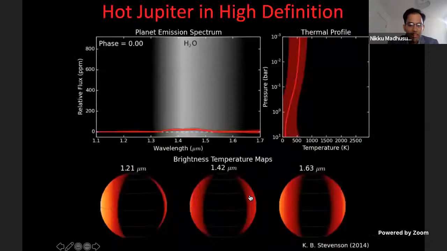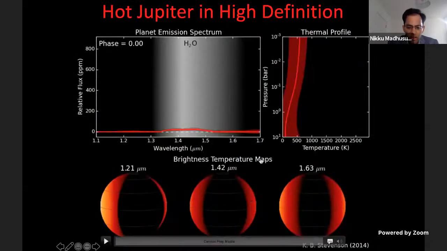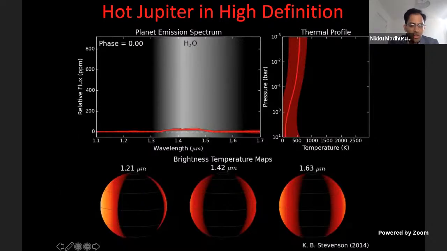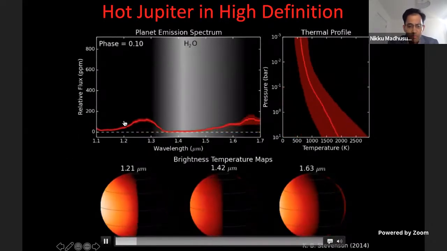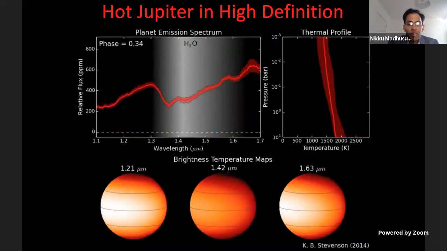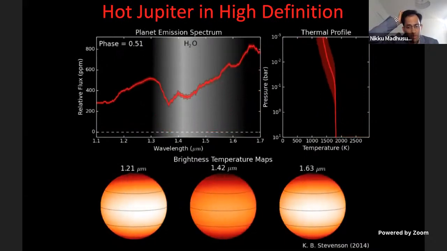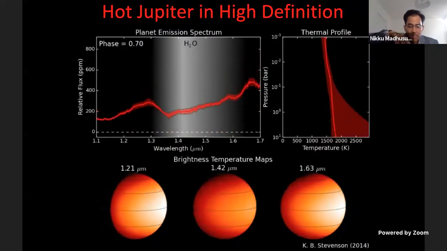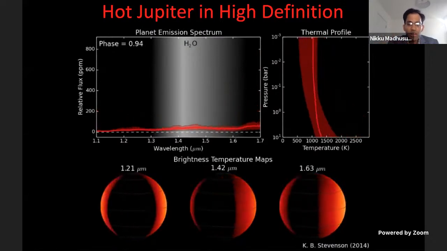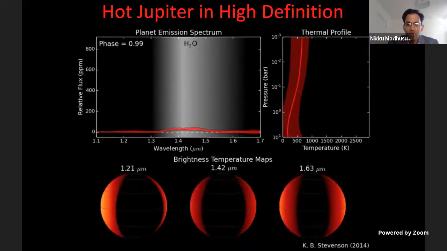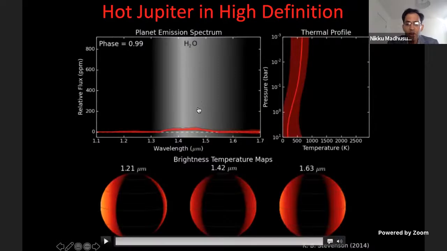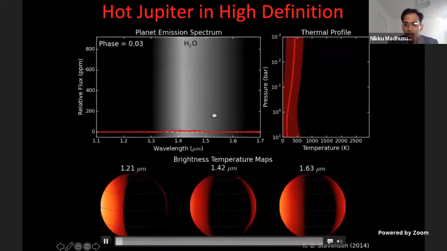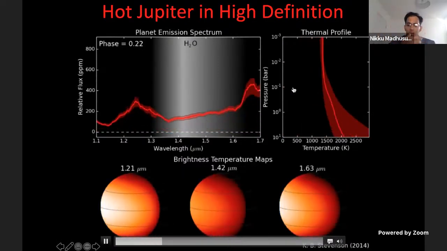And at the end, I'll just show you one plot here, from about 7 years ago, where phase resolved spectra have been obtained for a hot Jupiter. You can create brightness temperature maps as a function of phase in the planet's orbit, and you can derive the spectra as well as the thermal profiles as the planet is going around the star.